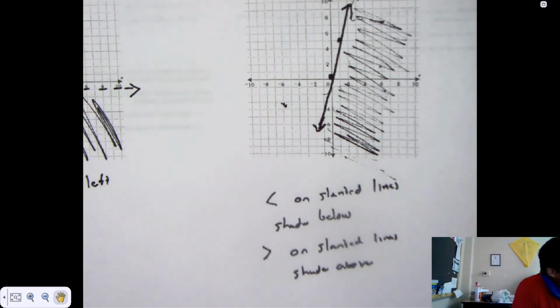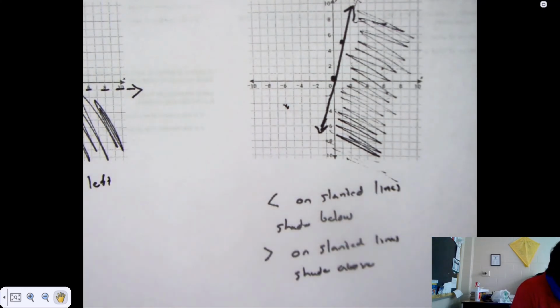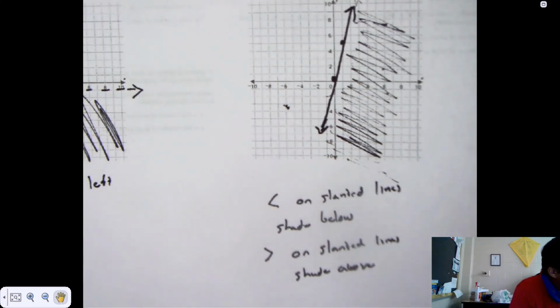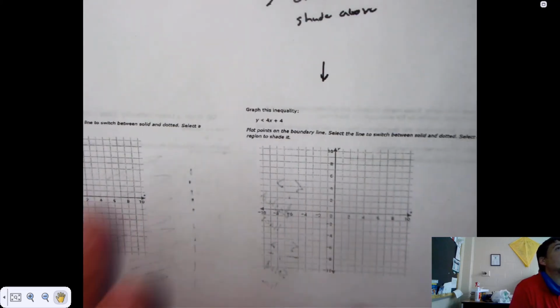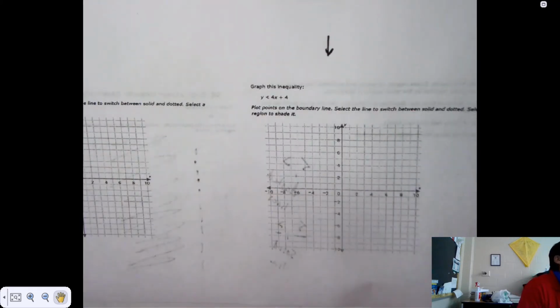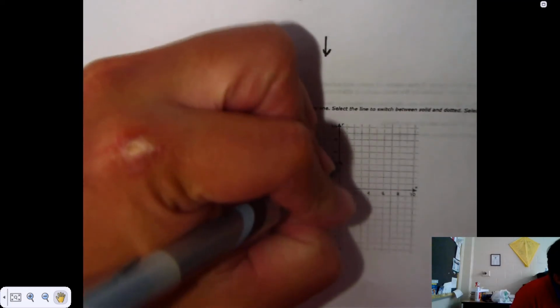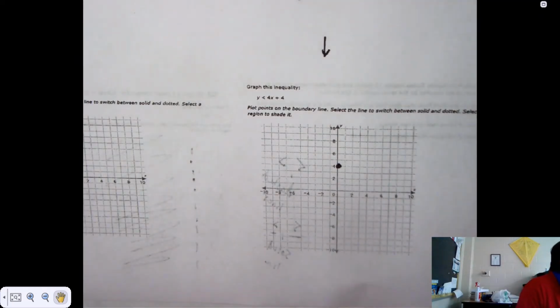All right, let's do the one right underneath this. Can somebody besides the usual 3 or 4 people tell me where my first point is going to be plotted? You're a usual person. I guess I'll call Spencer.